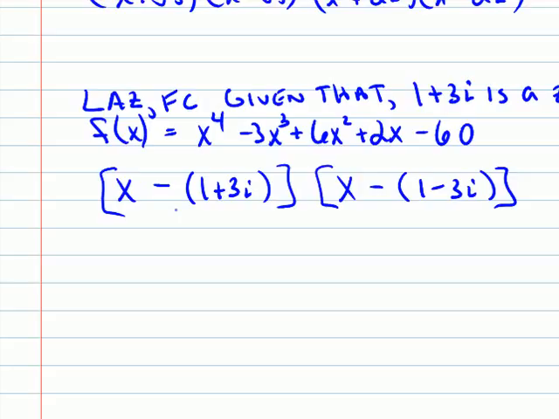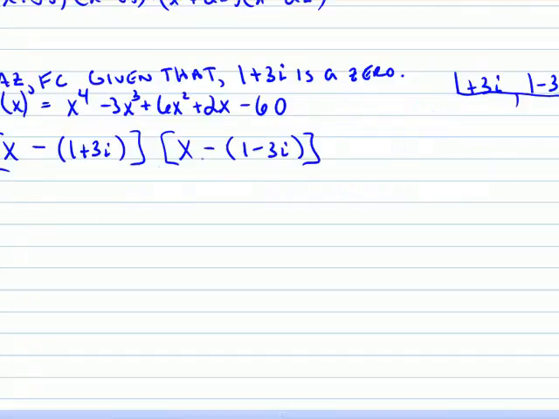Okay? Alright. So what I'm going to do, I'm going to multiply these two factors together, and I'm going to divide that into the function and deal with what's left. Because I know these two are zeros, so if I multiply those together, it's going to give me a trinomial.